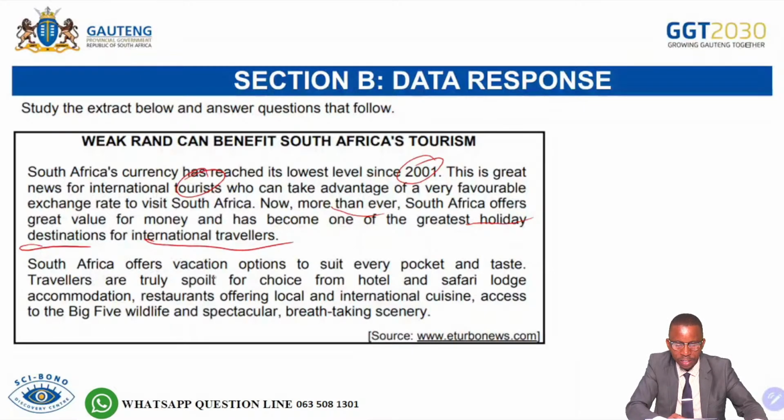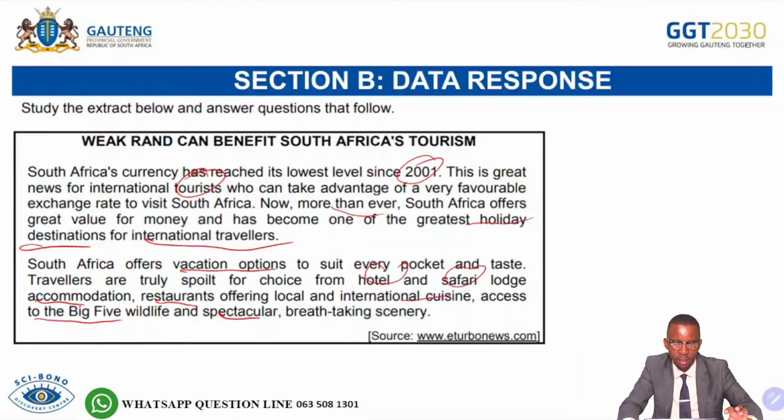South Africa offers vacation options to suit every pocket and taste. Travelers are truly spoiled for choice, from hotel and safari lodge accommodation, restaurants offering local and international cuisine, access to the big five wildlife and spectacular, breathtaking scenery.